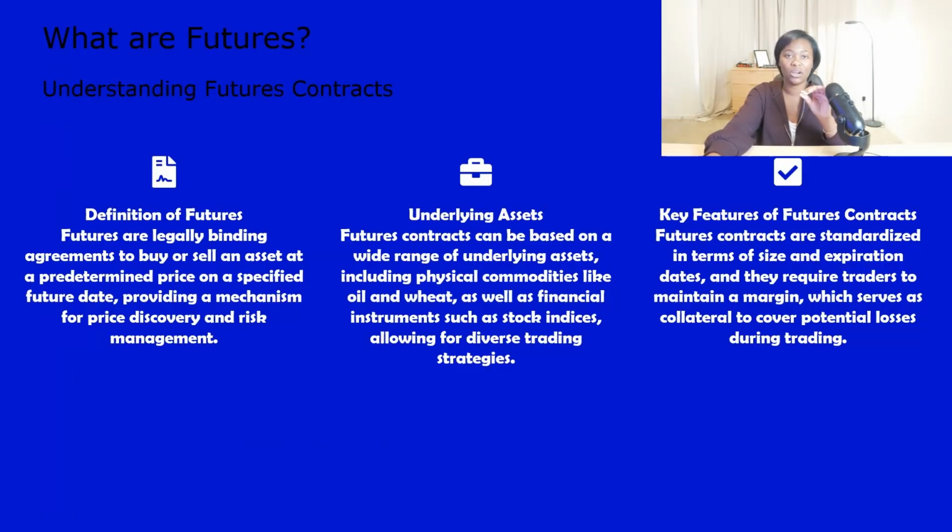The contracts are standardized in terms of quantity, quality, and delivery date, and they are traded on regulated exchanges. So this is legal. Underlying assets can be things such as commodities like oil, wheat, gold, and even stock indices.